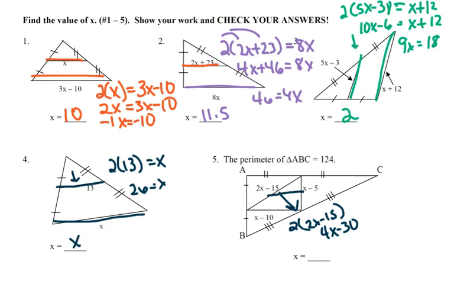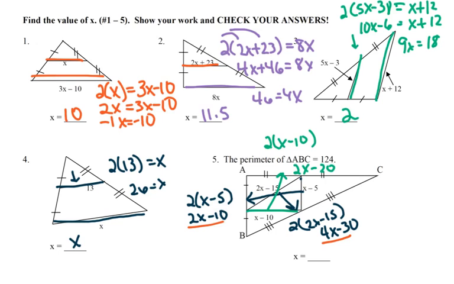So now I'm going to find the side that's parallel to it, so go straight down, which is our mid-segment here would be x minus 5, so I'm going to do 2 times x minus 5 and get 2x minus 10. I'm going to underline those in red so that we know what we're going to be combining. And finally, and I'm going to do a different color, our mid-segment here is x minus 10. I'm going to times it by 2, so 2 times x minus 10, which will get 2x minus 20.